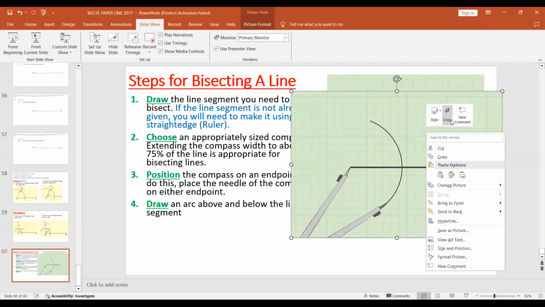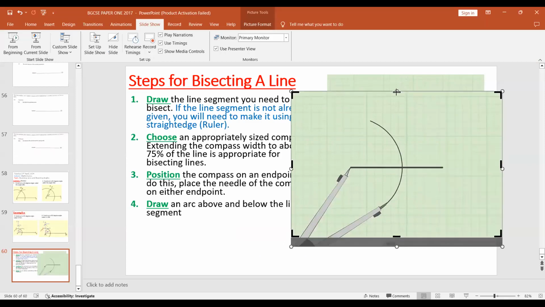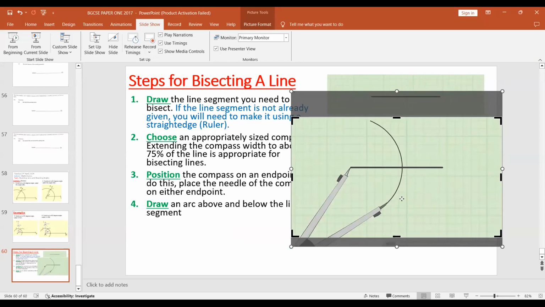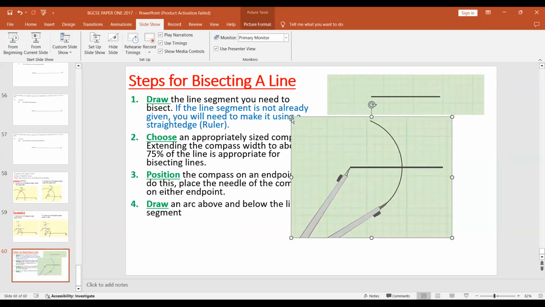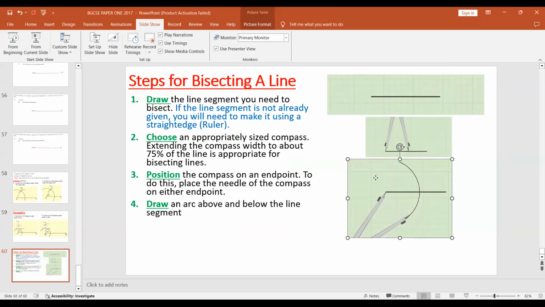So let me crop this out so you can be able to see it. So that's what we're gonna do right now.